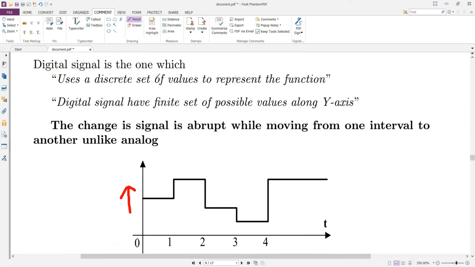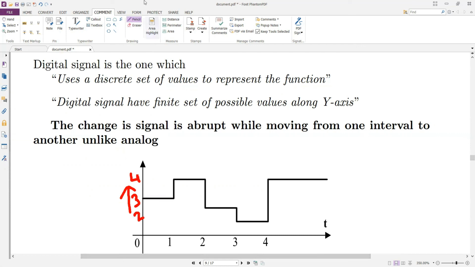In this section, let's suppose we have a value of 3. So the signal has a value of 3 between 0 and 1. Then there is an abrupt change in the value, and the value changes from 3 to 4 at t is equal to 1. Then the value remains constant, and there is another abrupt change, and the value changes from 4 to 2, let's suppose, at t is equal to 2.